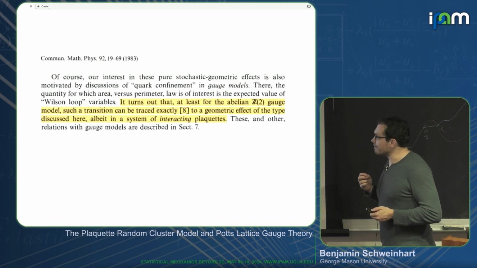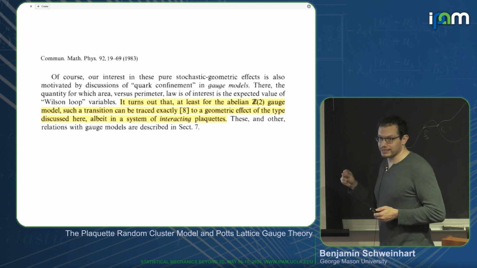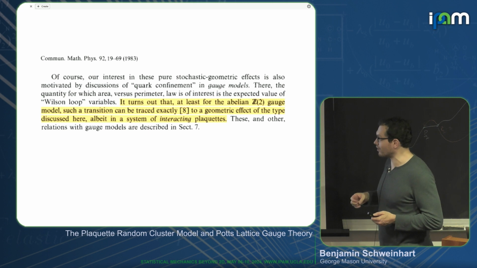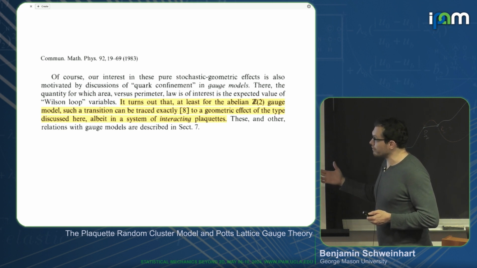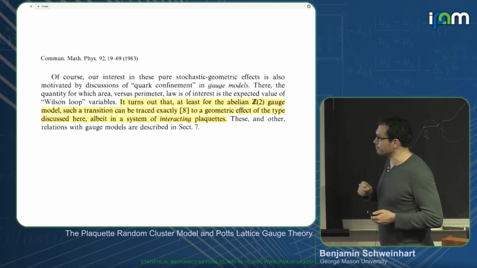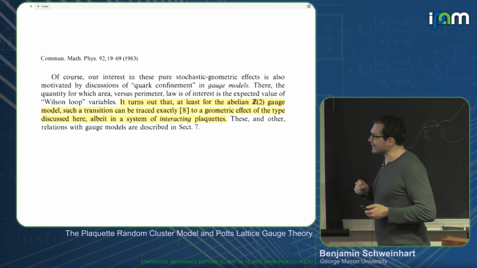And they wrote that for Ising lattice gauge theory, which I will define for you later, it's a spin model which assigns Z2 spins to the edges of a cell complex. They wrote that a phase transition for the random variable of interest, the Wilson loop variable, can be traced exactly to the geometric effect described there, which is the event W_gamma for a system of interacting plaquettes.